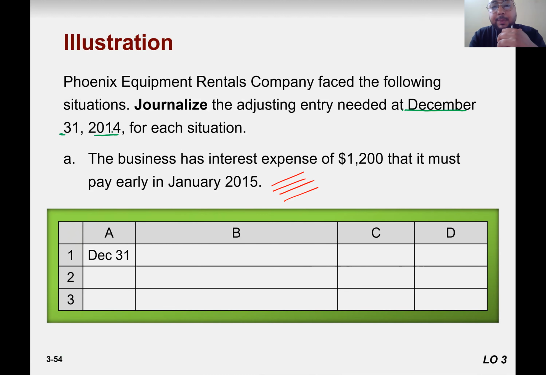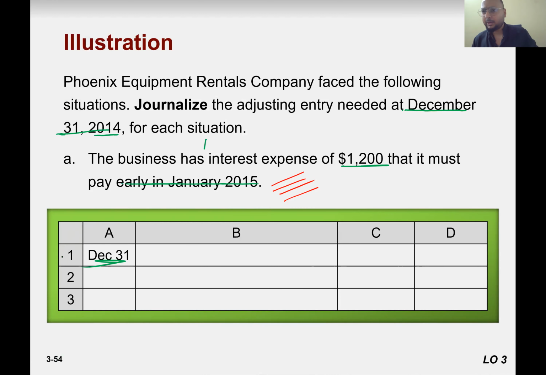So number one, the business has interest expense of 1,200 that it must pay early in January 2015. So where you are standing right now, you are standing on 31st of December 2014. So what would be the entry on 31st of December?